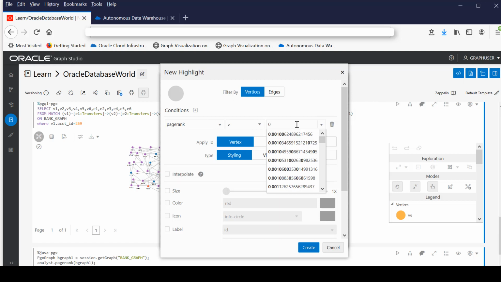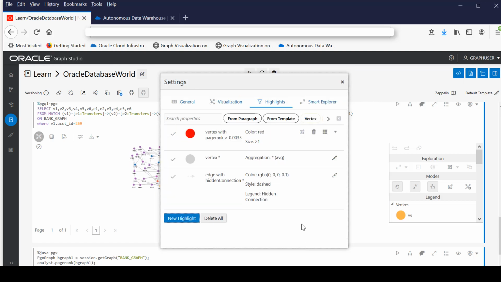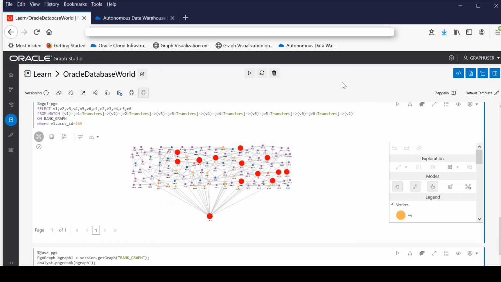I want to find all vertices which have a PageRank value higher than 0.0035, and give me a different color and size, so that when I visually look at the graph, I can see that these are the vertices in the 6-hop cycles that are part of account ID 259 that have a high PageRank value. So these might be vertices that I might want to investigate further.